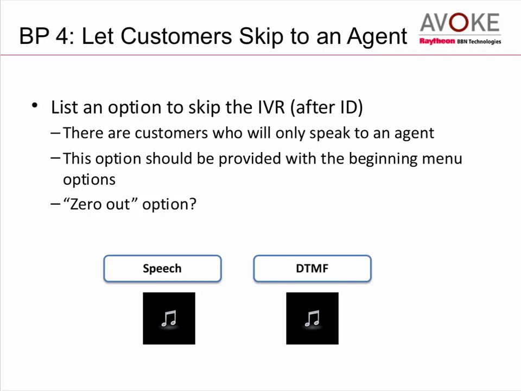Now let's listen to the DTMF. I am an automated assistant. How may I help you? I understand you want to talk to a customer service representative. I may be able to help you. You can say things like account balance. Please hold while I transfer your call.